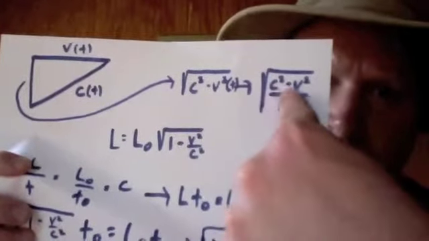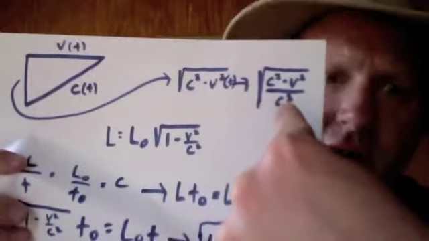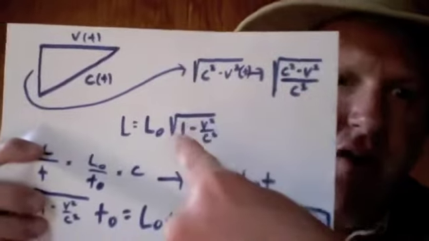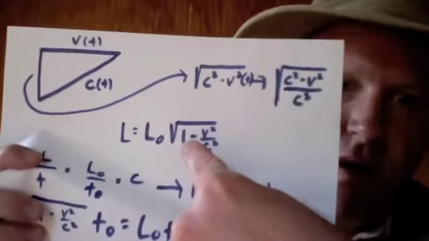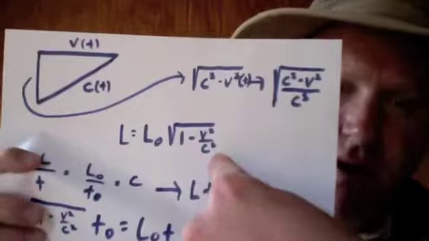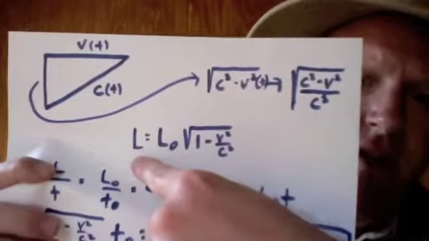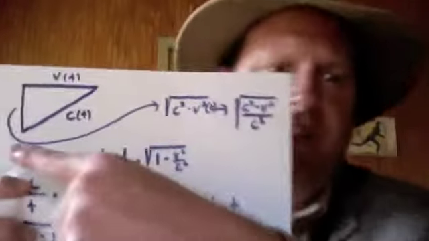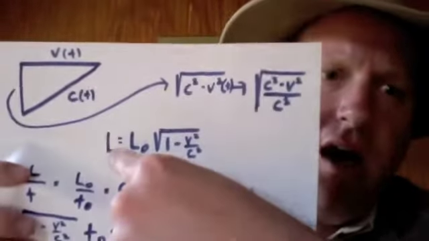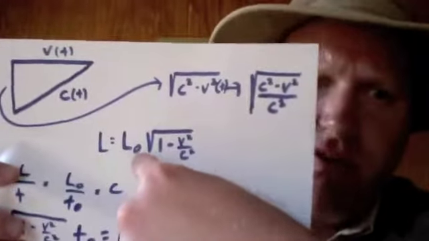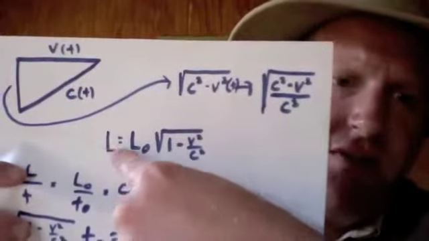So it would be the square root of c squared minus v squared over c squared inside the radical. And that reduces to the square root of 1 minus v squared over c squared. So our length, as we view this hypotenuse, if it were at rest, would be L sub O. But our new length is going to be L sub O times the square root of 1 minus v squared over c squared.